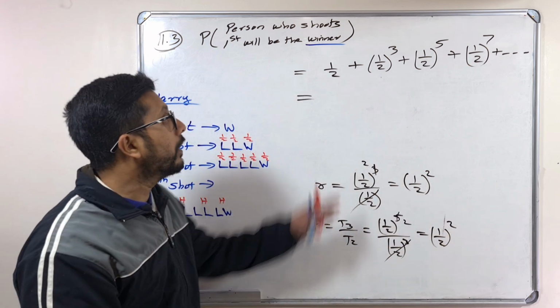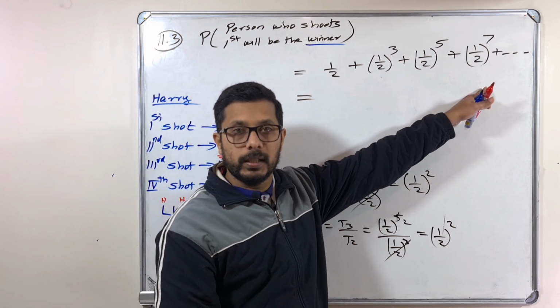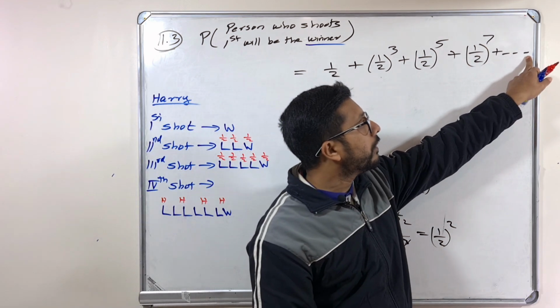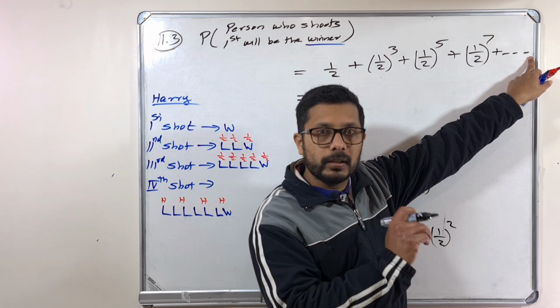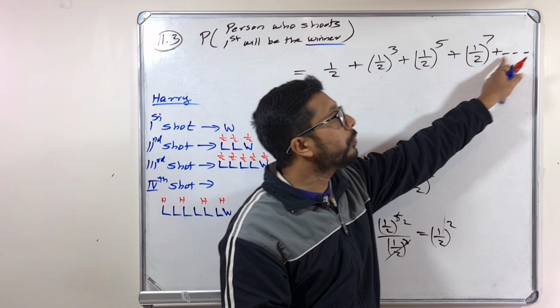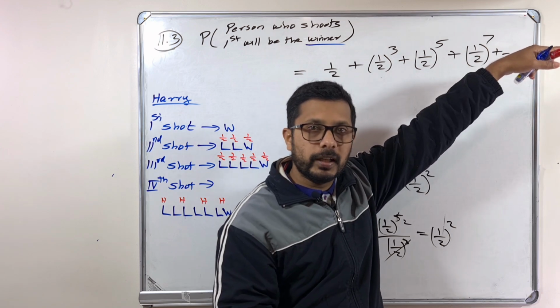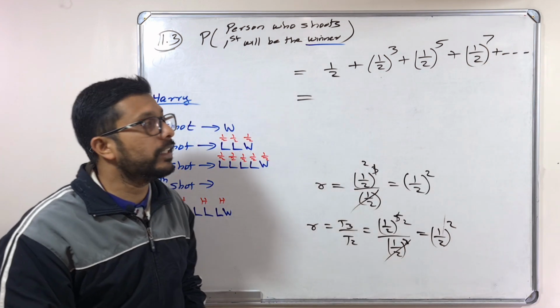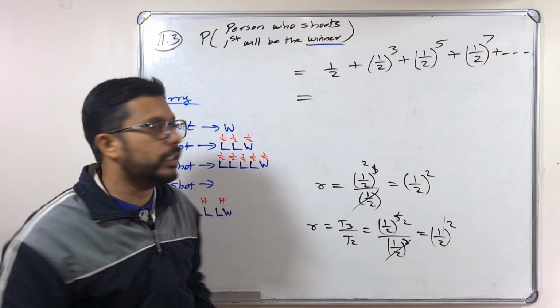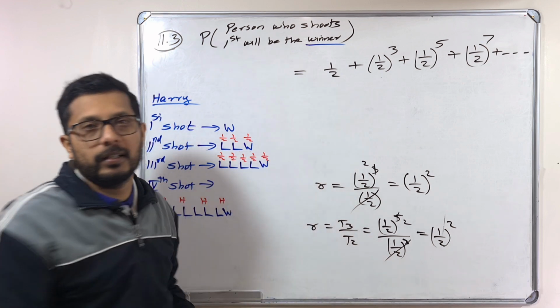So this one is a geometric series, and if this is a, there is no limit, there is no end. That means it's infinite, the sum of this one to infinity. In geometric series you studied a formula to find the sum to infinity. Do you remember that formula?